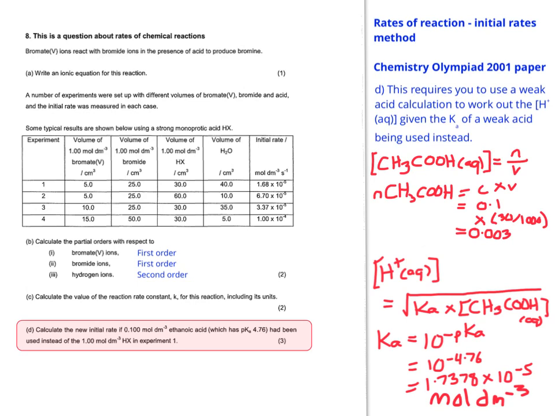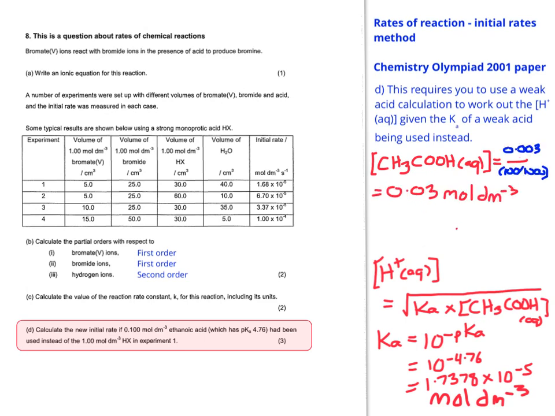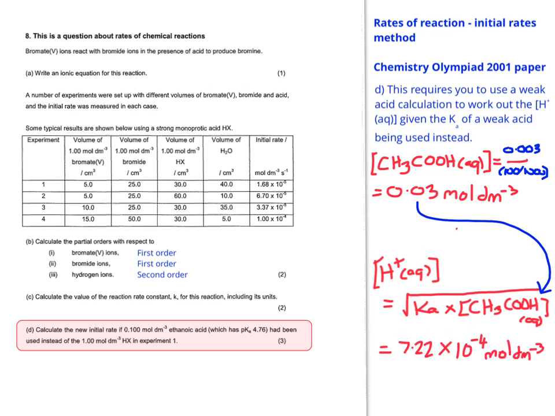So now what we can do is put that into the equation at the top. That gives us 0.03 moles per decimeter to the minus 3. Now that can be put into the equation for H+. I'm just going to do that calculation now. So that gives us 7.22 times 10 to the minus 4 moles per decimeter minus 3.